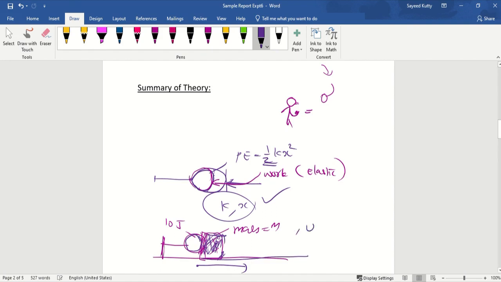Let's say the velocity that it attained is v, then it is going to have an energy associated with this moving body.